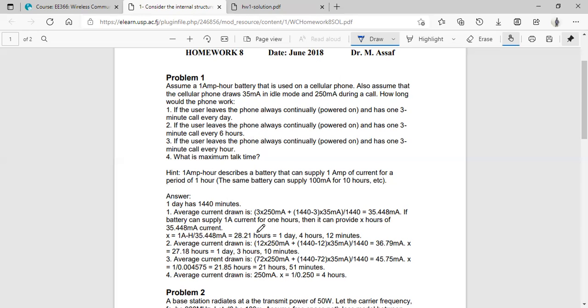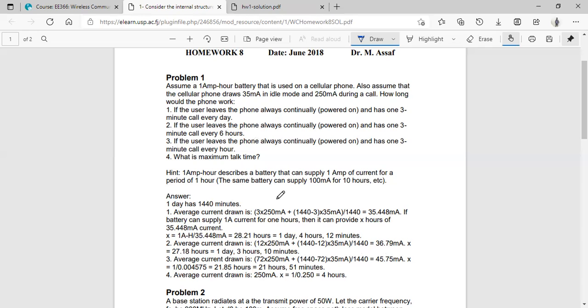So that will be 1440 minus 72, times 35 milliamps. 35 is the idle current, the current required for putting the phone in idle mode, right? And then divide by 1440 to find the average current. So the average current will be 45.75 milliamps required for this particular use case in part 3.